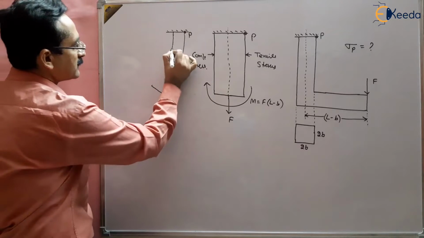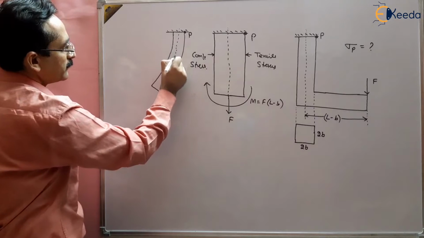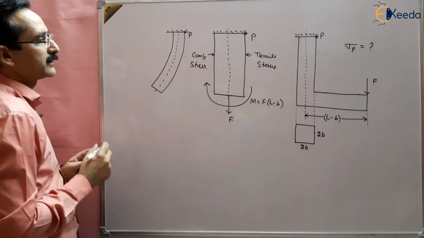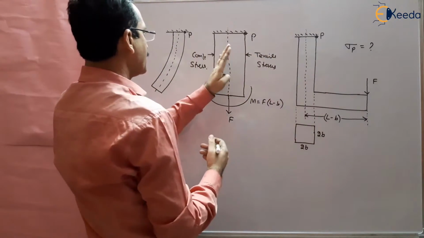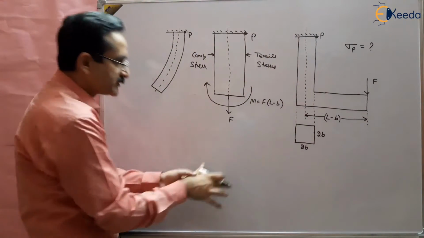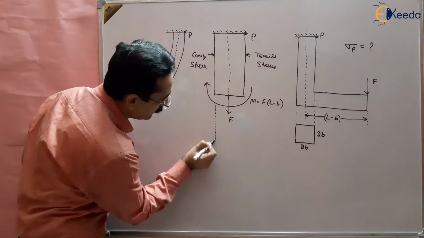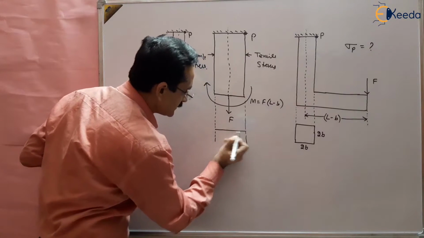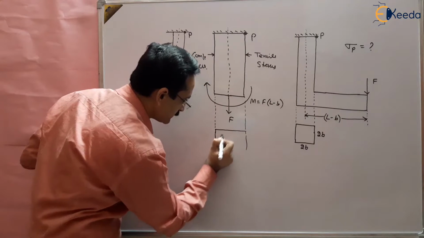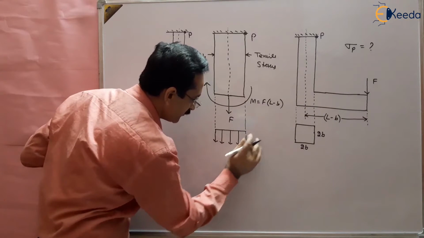So we have bending tensile stress here, bending compressive stress here, and there will be tensile stress due to force F, right? So we can see there are two types of stresses developed. One is the direct stress, which is tensile.